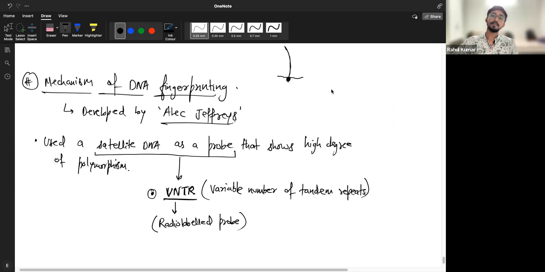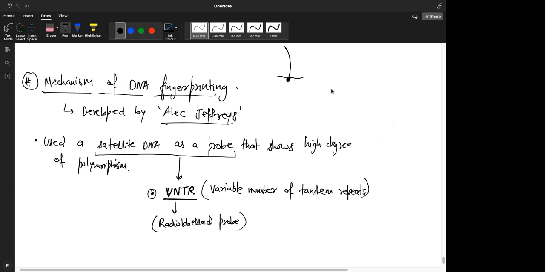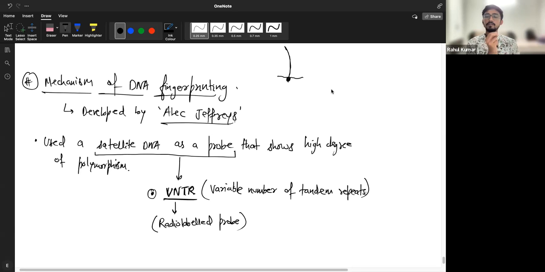So they labeled. Radio labeling means you label something with a radioactive element. Now, in nature, there are natural radioactive elements, or you can make an element radioactive. So they used radioactive sulfur and radioactive phosphorus there to radio label DNA and protein separately.